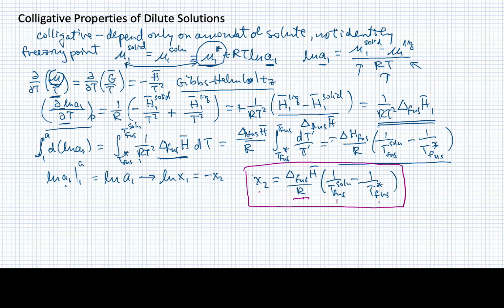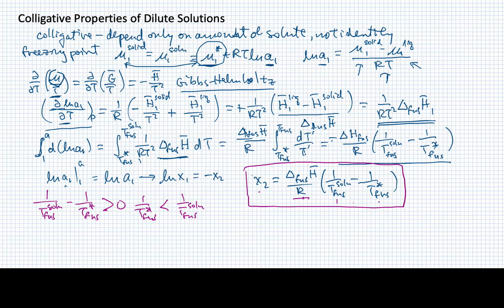So I must have that 1 over T fusion of the solution minus 1 over T fusion of the pure substance is greater than 0. But this means that 1 over T fusion of the pure solvent is less than 1 over T fusion of the solution.